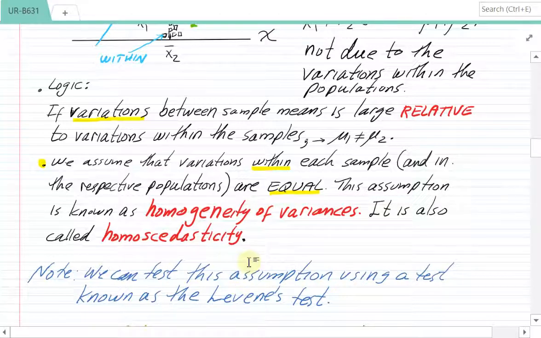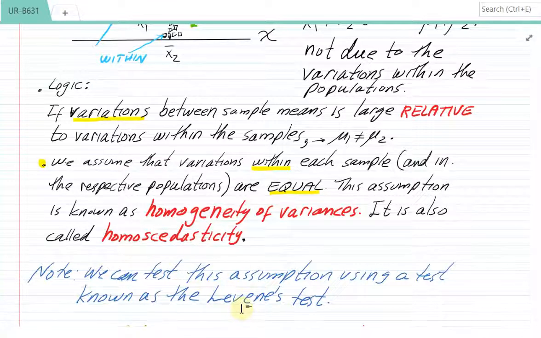Now, one thing, by the way, I want to mention is Levene's test. In statistics, don't be surprised if a lot of the procedures seem to have the names of people attached to them. And in fact, later in this video, you're going to see that. We're going to hear some names.